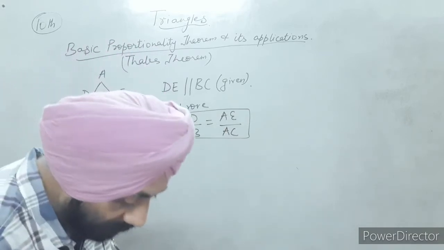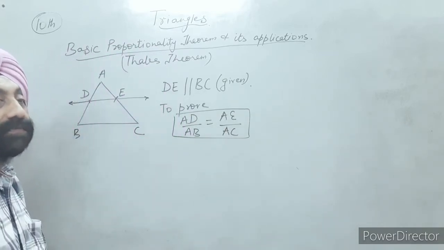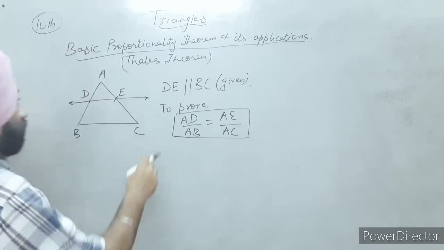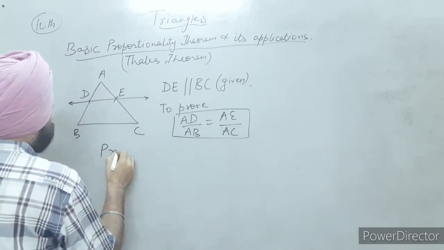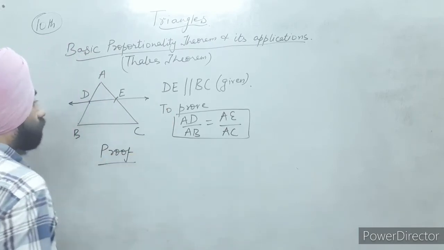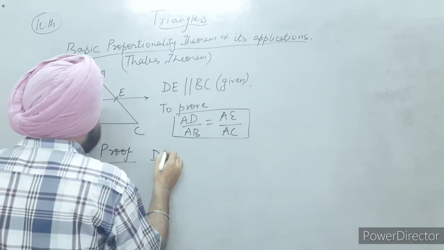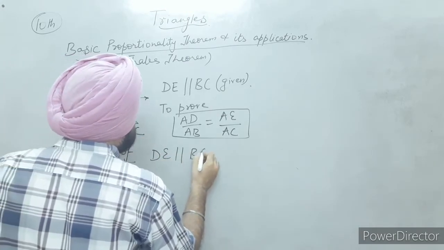Now, how to prove it? Make use of the basic proportionality theorem. It is given that DE is parallel to BC.